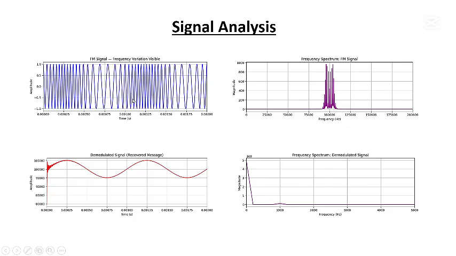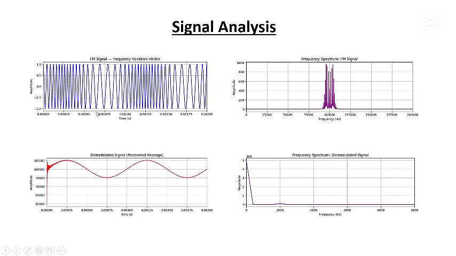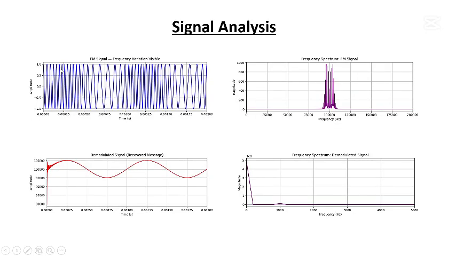In the modulated signal, what will happen? Where we have the lowest amplitude, our frequency will be low. If we have the higher amplitude, our frequency will be high. In this case, the amplitude will change the frequency of our carrier signal, and in the frequency domain it looks like this.